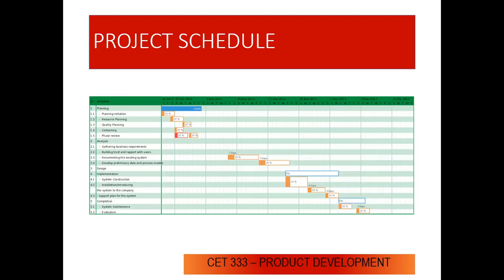So basically using certain software, you can visually display this and be in a position to see the current status at any given time. So if you use development tools, project management tools like Microsoft Project, then you can come up with such outputs, which will help you to monitor your project.